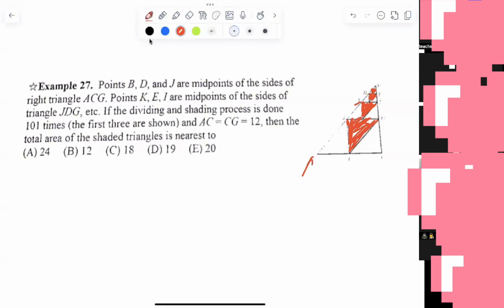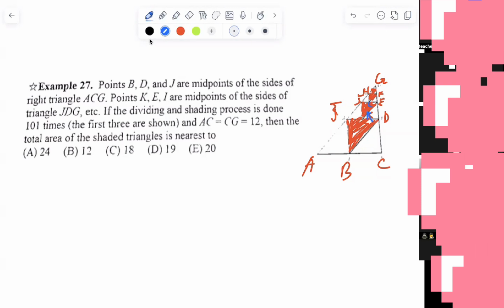Basically, it was A, B, C, J, H, G, F, E, D, K, L over there.